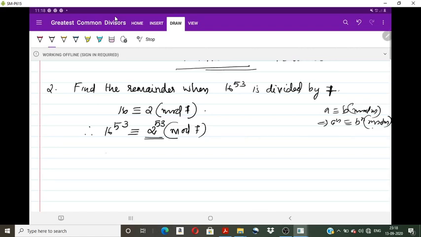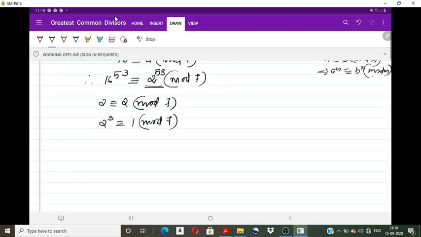Obviously 2 is congruent to 2 modulo 7, but 2 cube is 8, and 8 is congruent to 1 modulo 7. So 2 cube is congruent to 1 modulo 7. But we have to find 2 raised to 53.